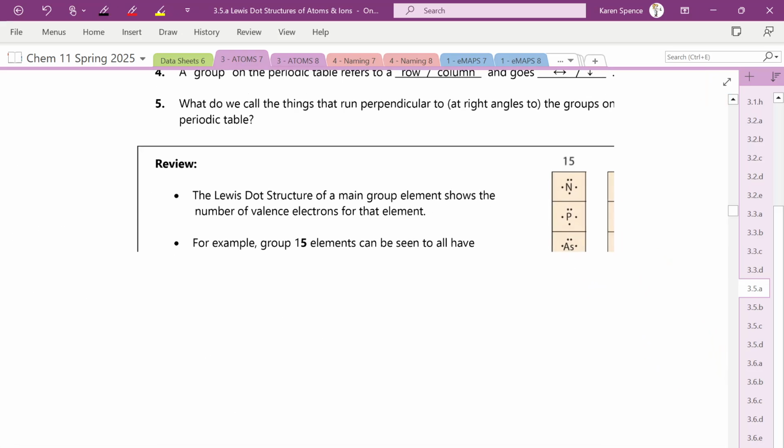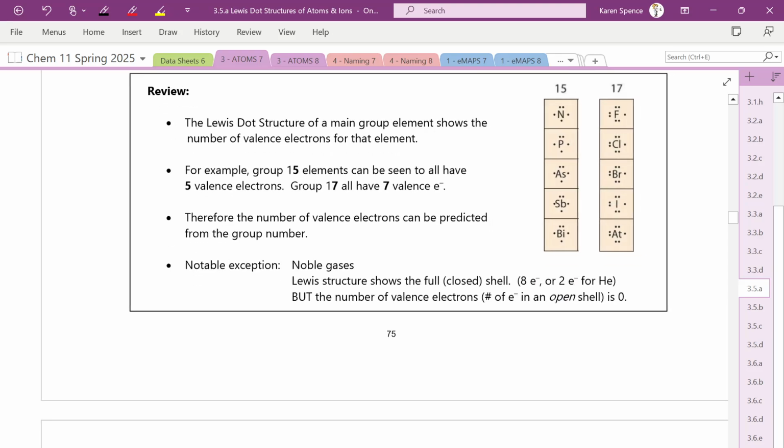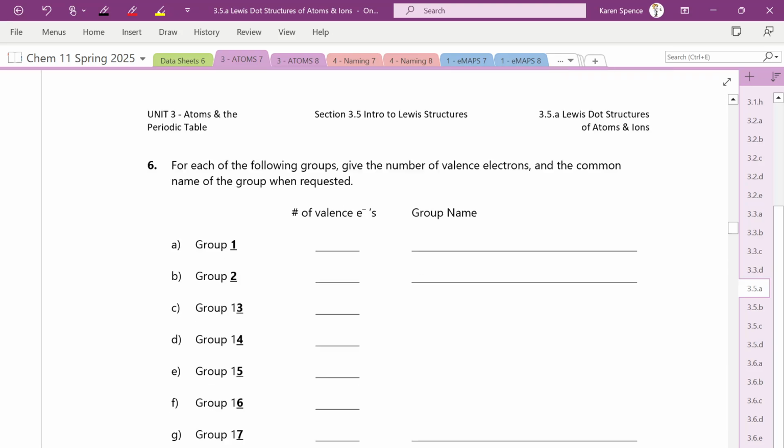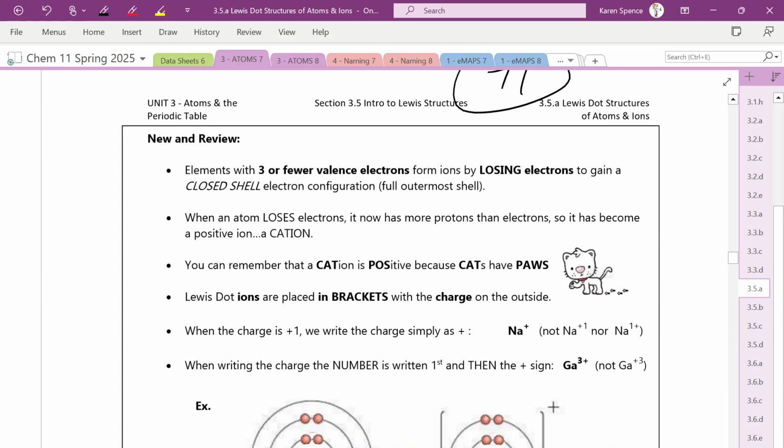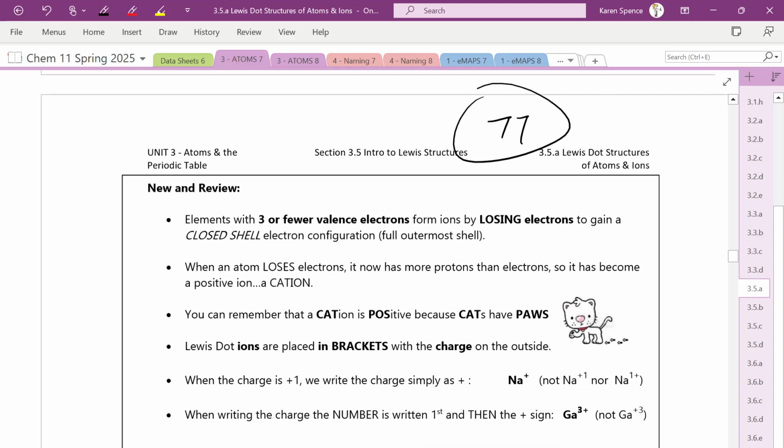Okay, let's keep going. So we are now on page 77. Favorite element. I'm partial to carbon because it's so useful.